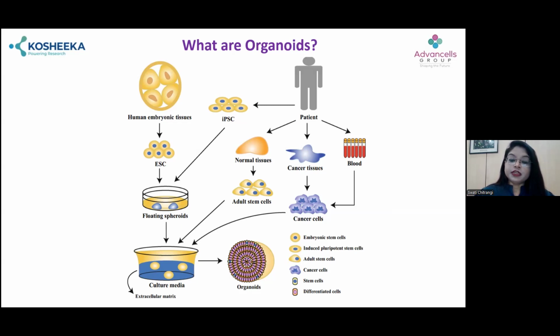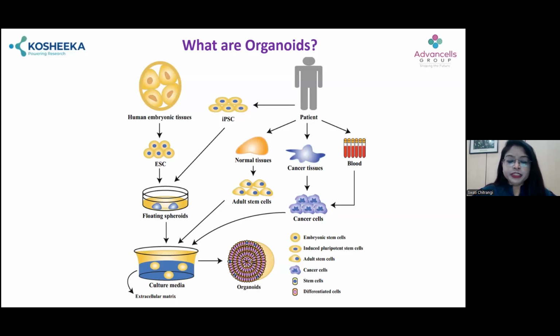Pluripotent stem cells means they act like embryonic stem cells. So the iPSC, induced pluripotent stem cells, can differentiate towards any lineage of cells. It can make brain, it can make heart, it can make liver. So using iPSC, you can make all these kinds of organoids. It's a Nobel Prize winning technology, and it's very helpful. This iPSC is going to change the paradigm of the drug discovery process.